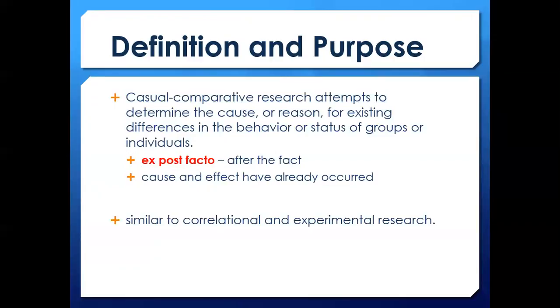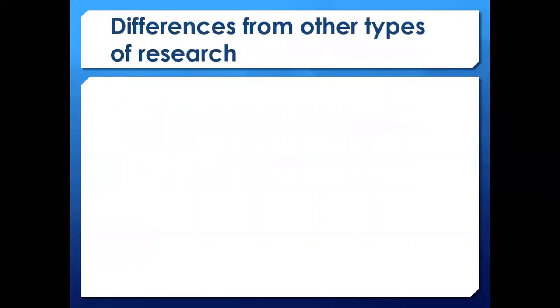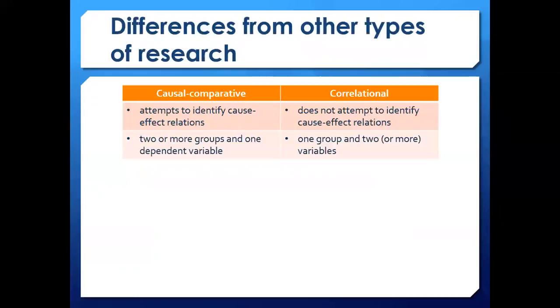Causal comparative research is similar to correlational and experimental research, but there are some key differences between those. The differences between causal comparative and correlational relate to the comic that I showed at the very beginning. Causal comparative research attempts to identify the cause-effect relations, whereas correlational does not.